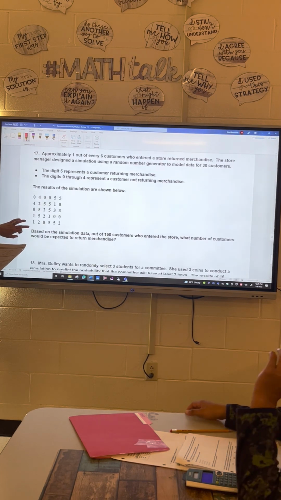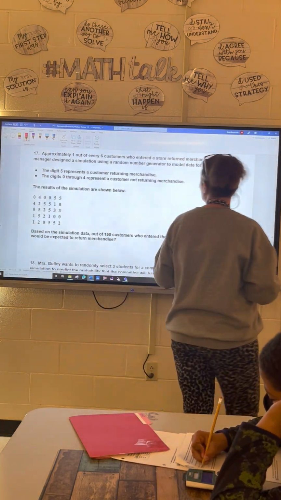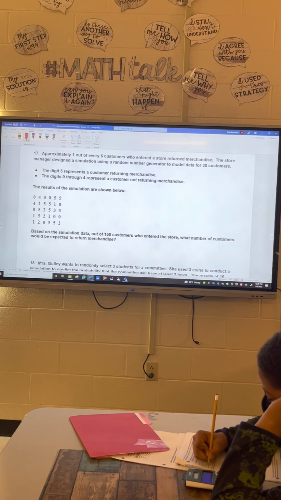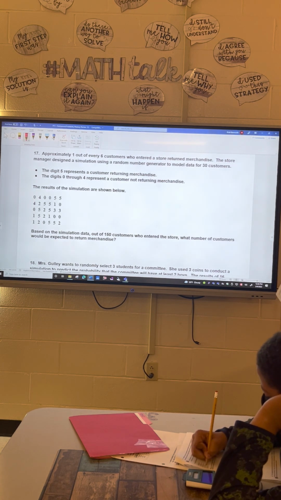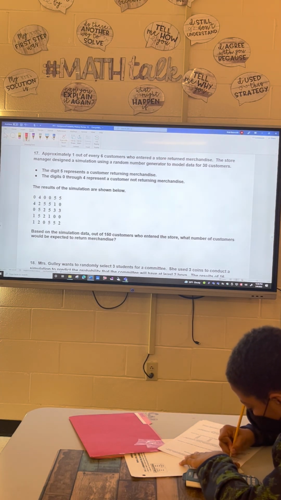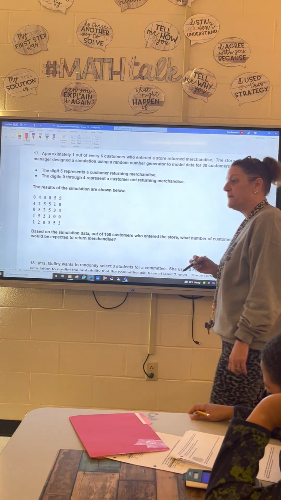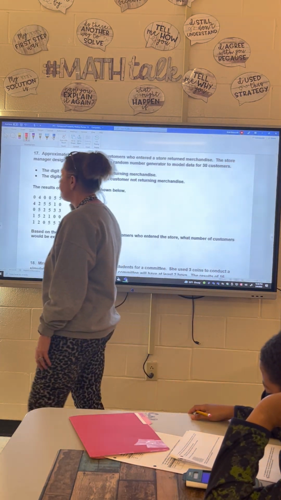So, 1 out of 6 customers who entered a store return merchandise. The store manager designed a simulation using a random number generator to model the data for 30 customers. Simulations are mostly always done on a computer. What they determined was the digit 5.